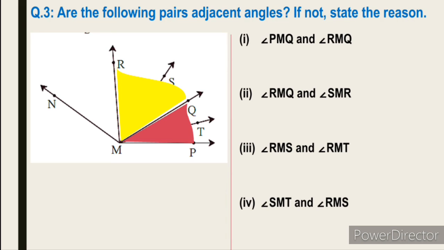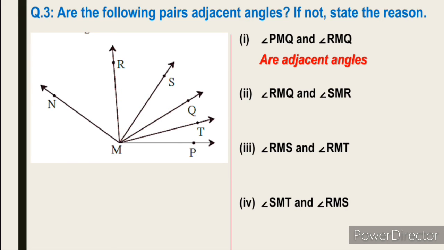The reason is they are sharing a same arm known as MQ, and they have separate interiors, which means their interiors are not overlapping to each other. So for this reason they are adjacent angles. Angle PMQ and angle RMQ are adjacent angles.